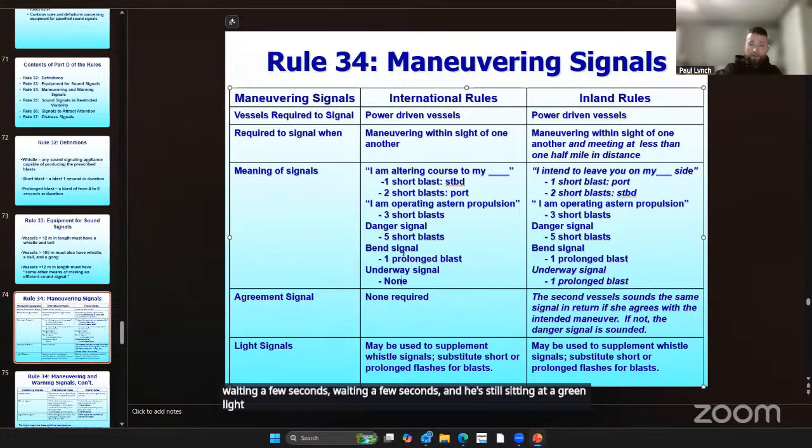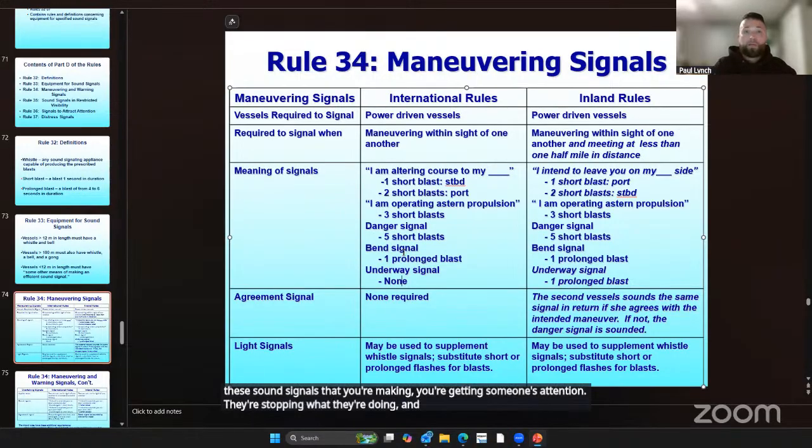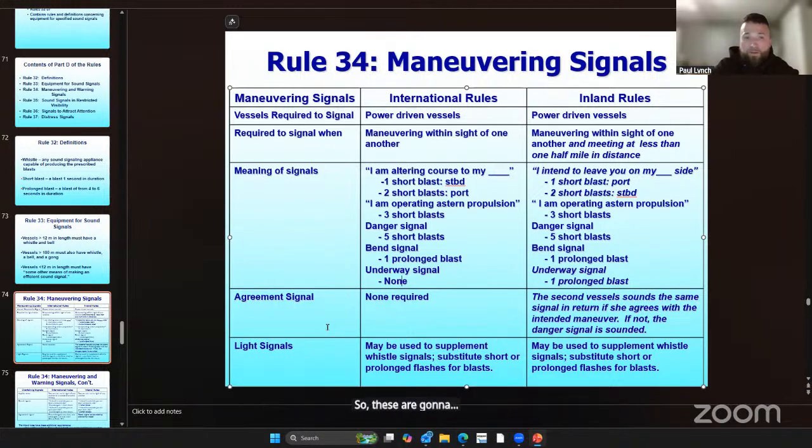So what do I do? I honk my horn. I see his head go up and he starts driving. It got his attention. And this is what you're doing. These sound signals that you're making are getting someone's attention. They stop what they're doing and actually look up and around. So these sound signals are preventing collisions.